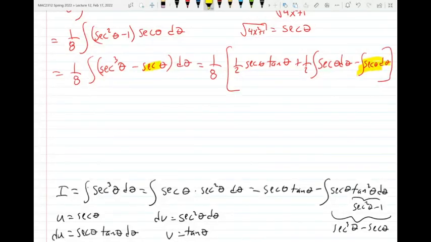This one that I'm subtracting is this one right here, okay? The first one is from our work below of secant cube, but this other one was there. So I'm going to combine these two, that gives me -1/2. I'm going to distribute the 1/8. So we get 1/16 secant tangent plus minus 1/16 the integral of secant. And what's the integral of secant? ln secant plus tangent.